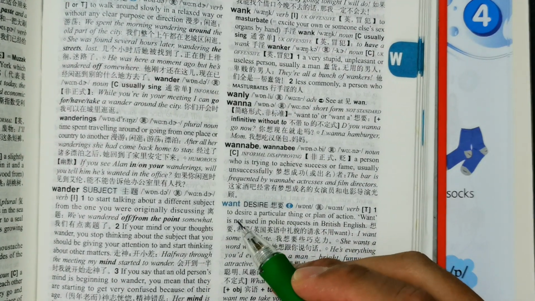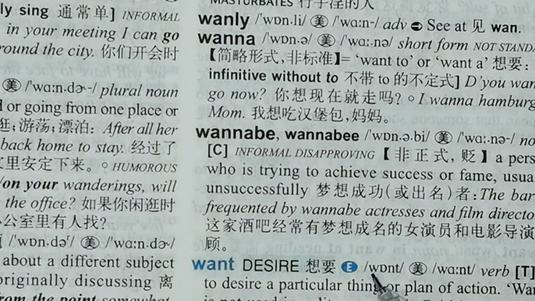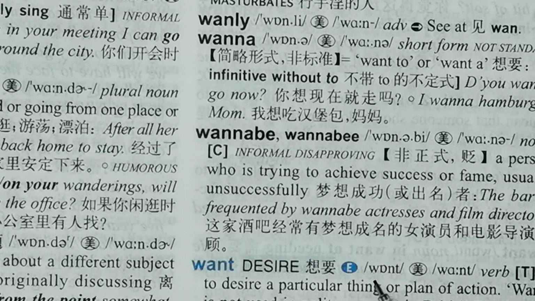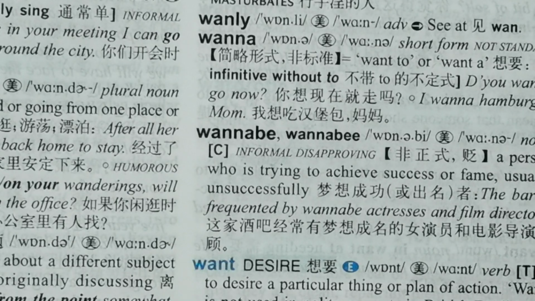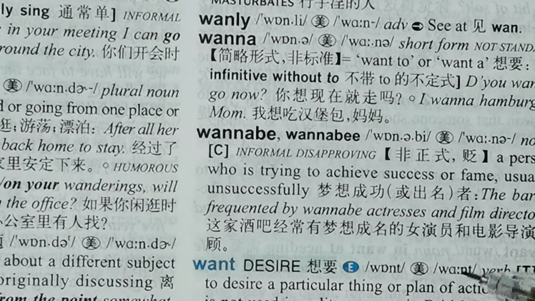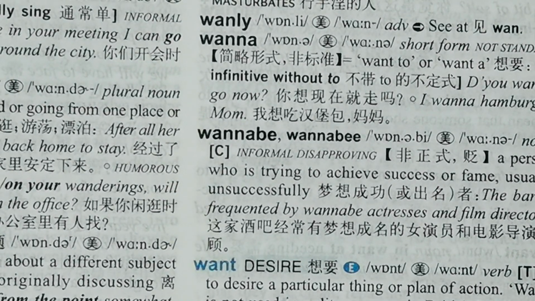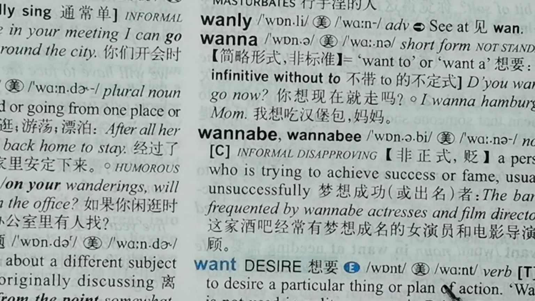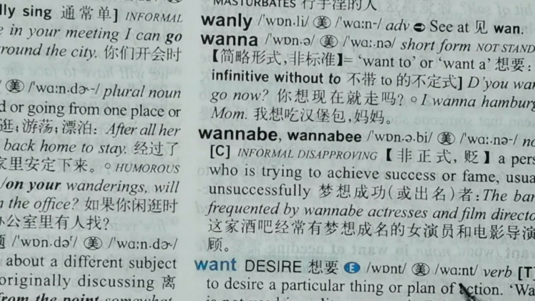for this one, want, so if you see clearly, this is a pronunciation, W, O, N, T, so want. This is American English, and then this one is British English, and then this is American English pronunciation.